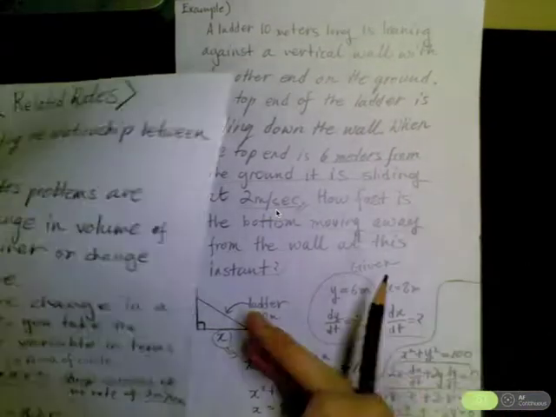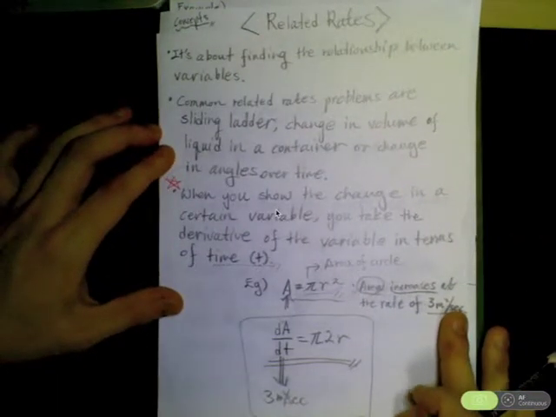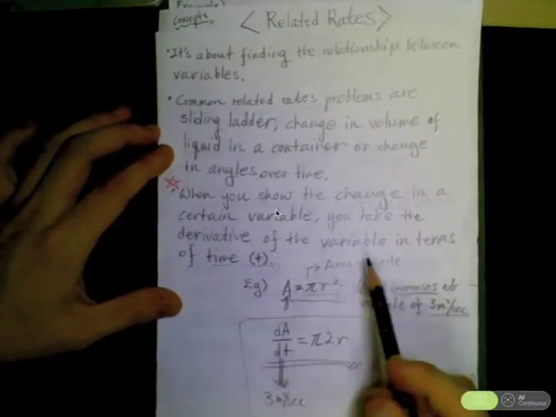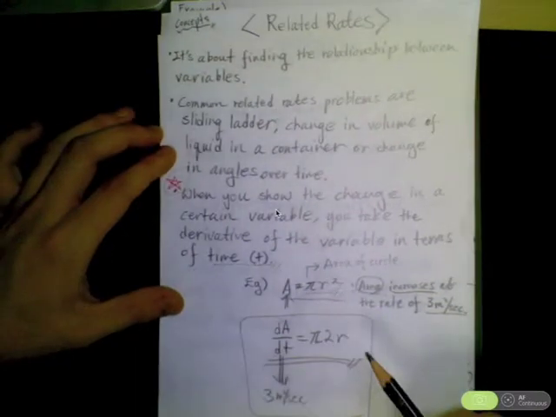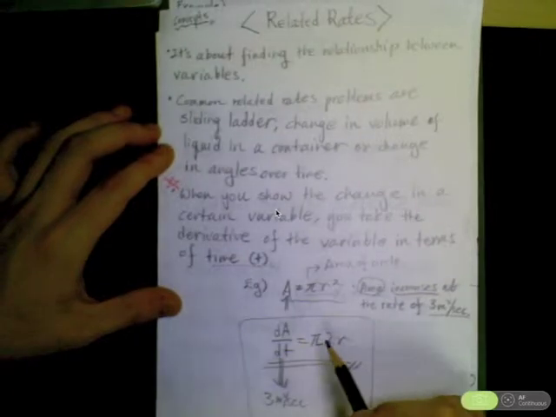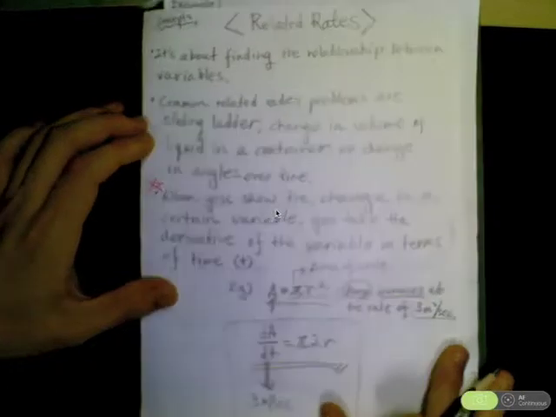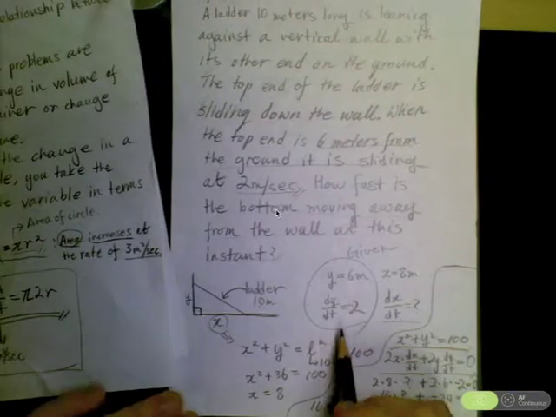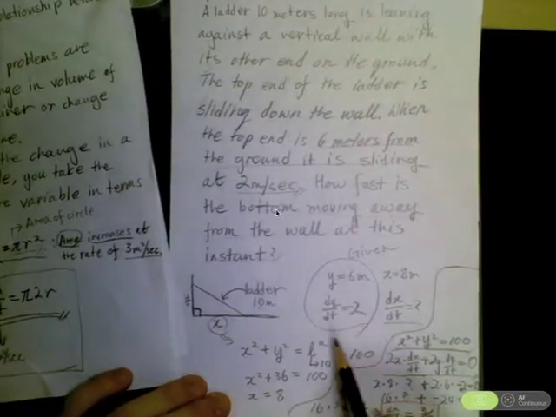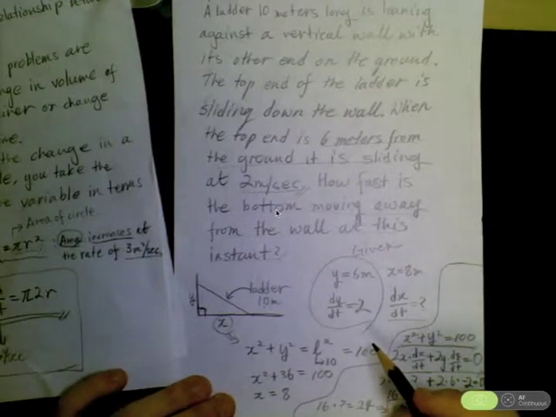So I think that was clearly explained, and as it is written here, whenever we want to show the change of something over a period of time, we have to take the derivative of that changing variable in terms of time t. And we did that over here. dy over dt is -2 because the ladder is sliding down the wall at 2 meters per second.